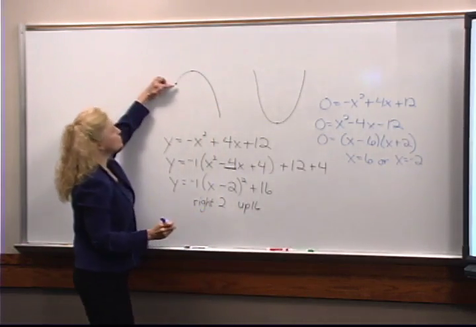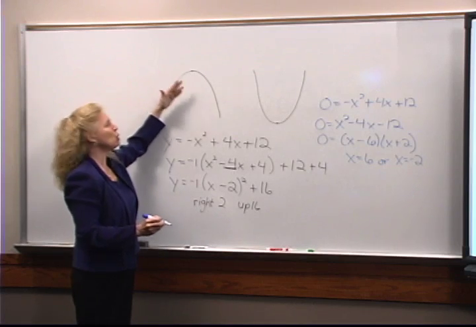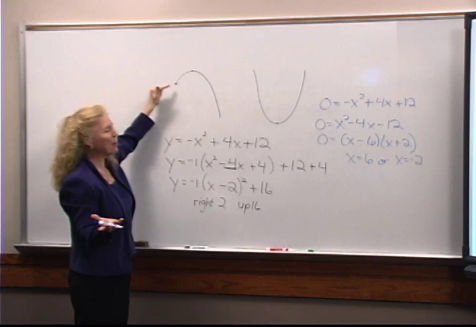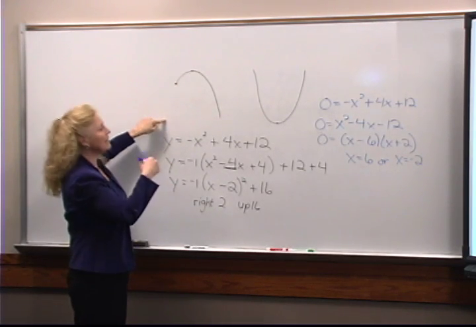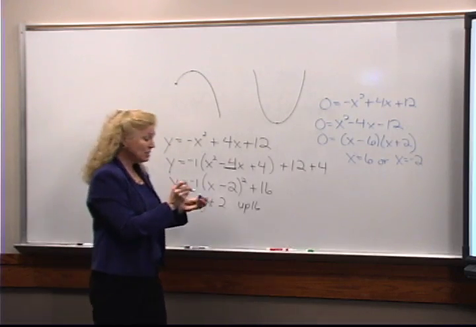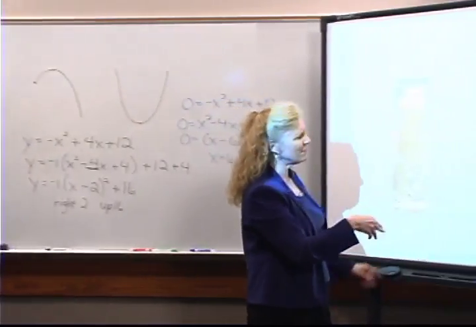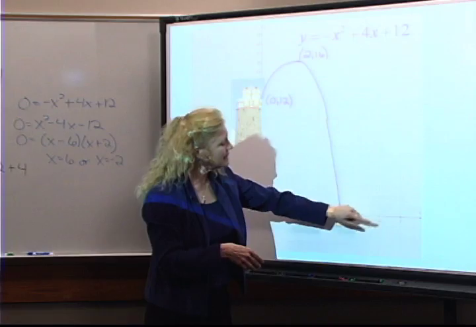Well, you know what's kind of interesting? I said you kind of are starting partway up this curve. Of course, since it doesn't have an end, you had to start partway along the curve. But if it fell backwards, it would hit at negative 2. But going forward, my cow didn't show quite as far as he should have gone, because he should have gone all the way over here to 6.